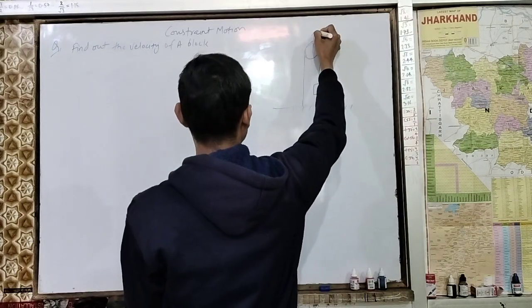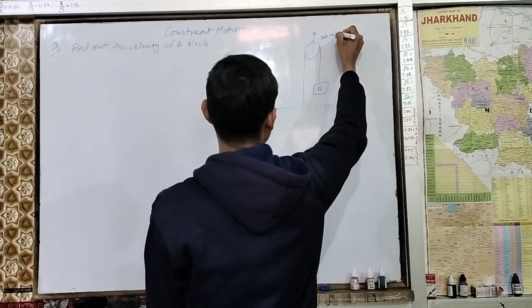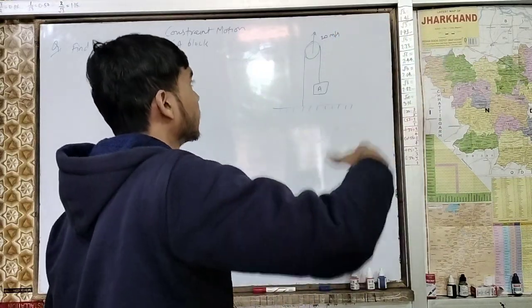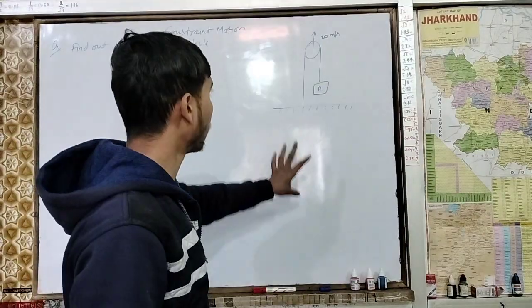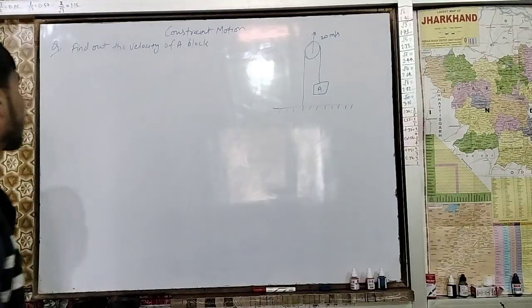This pulley is moving upward with 20 meter per second. If the pulley is moving upward with 20 meter per second, in that moment, what will be the velocity of block A? This is what the question is asking.